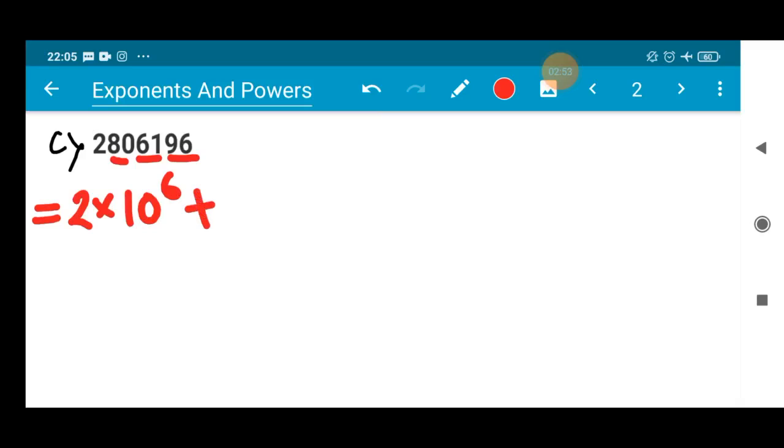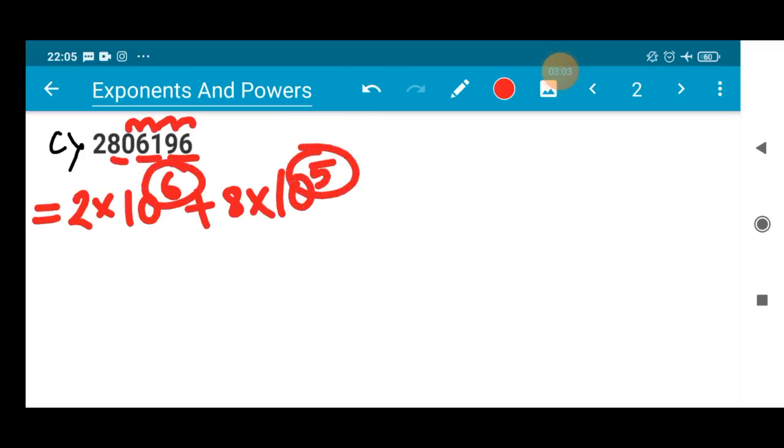Okay, 8 into, how many digits are there after 8? 1 2 3 4 5. The place value will not be the same in every case, right?